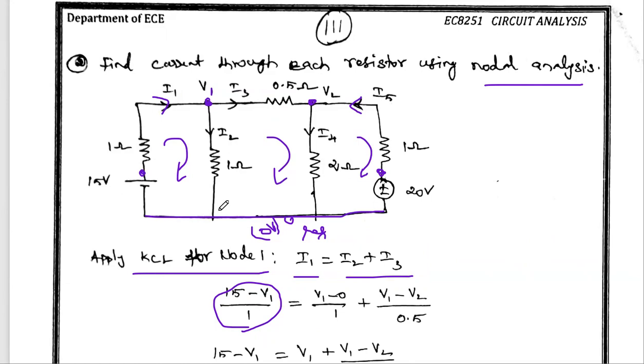Then by solving the 3 KVL equations, we can find the loop currents I1, I2, I3. After calculating the loop currents, we have to find the current flowing through each branch. That is mesh analysis. You may try this problem in mesh analysis also. We can get the same answer as that of this nodal analysis problem.